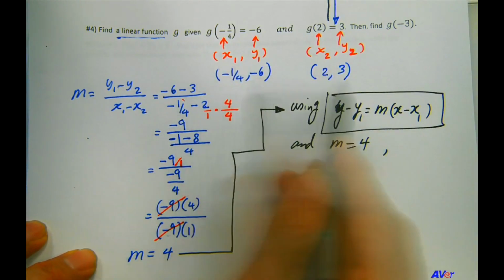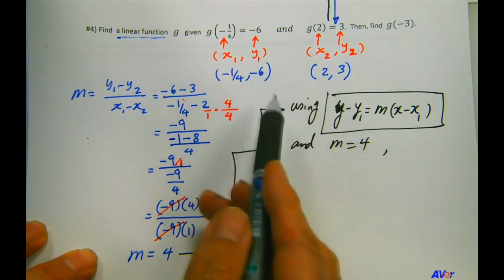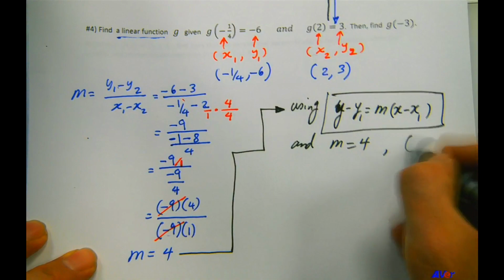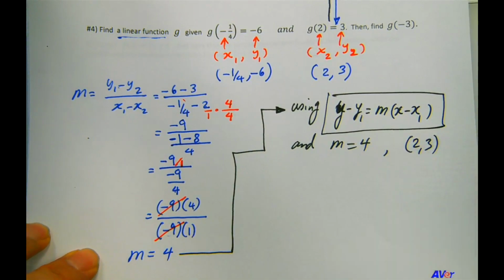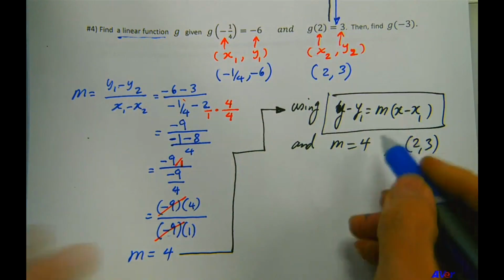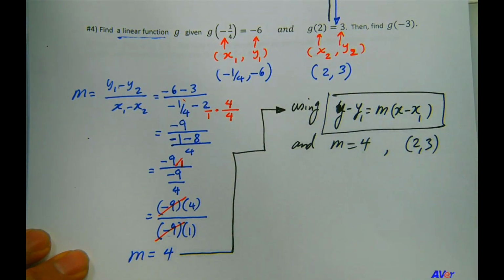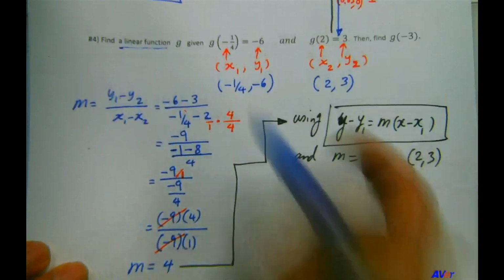When you look at them, which one is easier to work with? That one, right? So I'm going to pick that one. If you pick the other one, you still end up with the same result. So now let's plug into this general equation so we can find the equation for the specific information we are given.